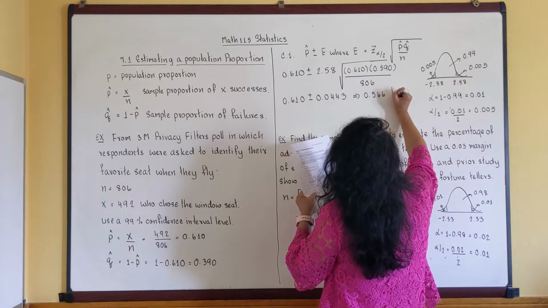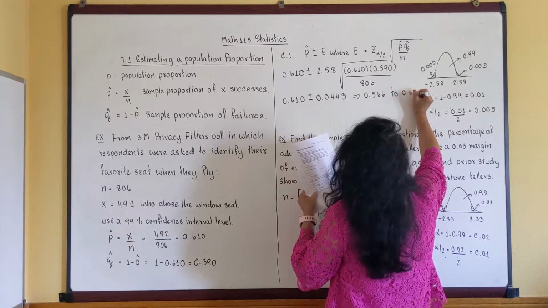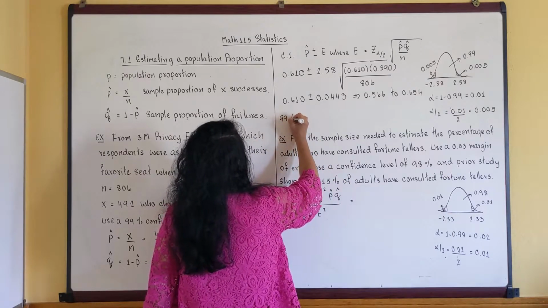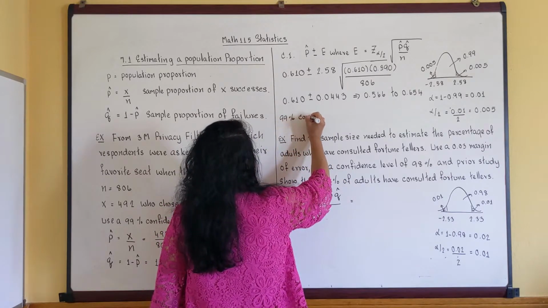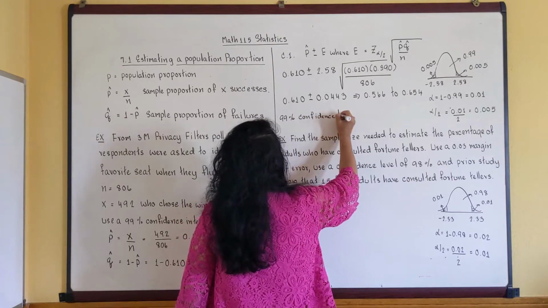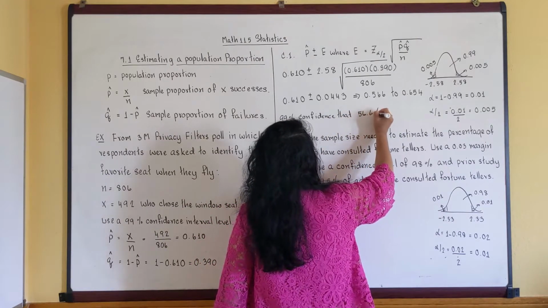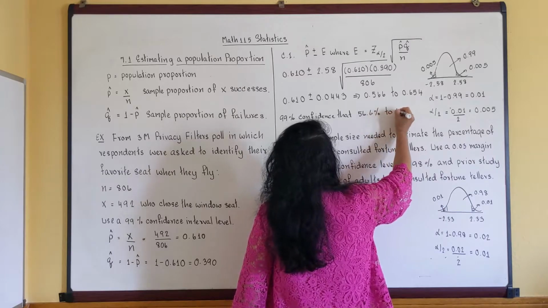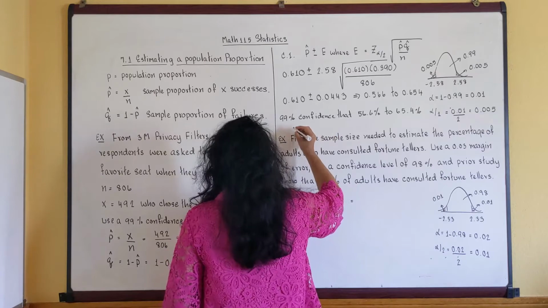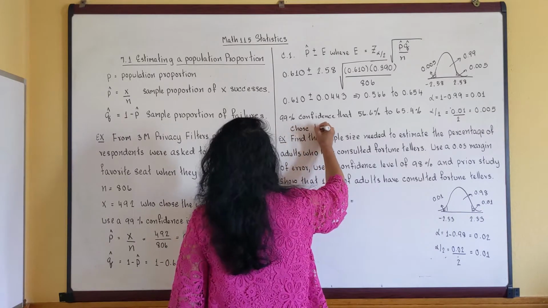You do the minus and you do the plus: 0.566 to 0.654. So you can state that you are 99% confident that 56.6% to 65.4% choose the window seat.